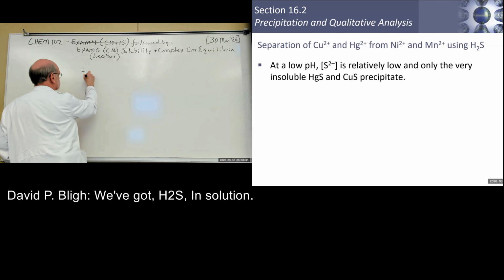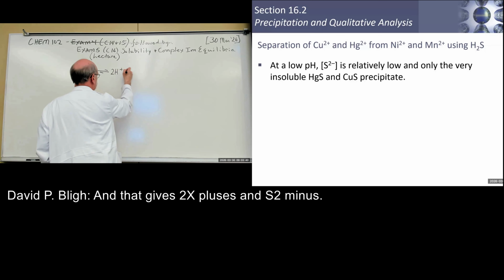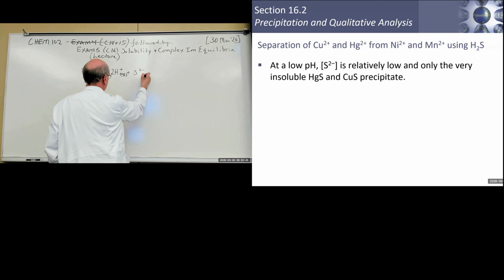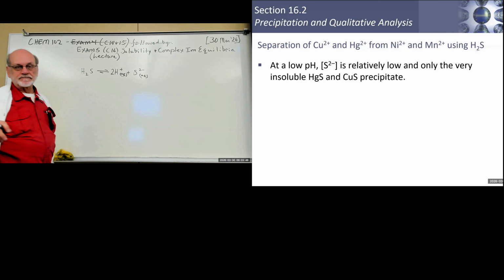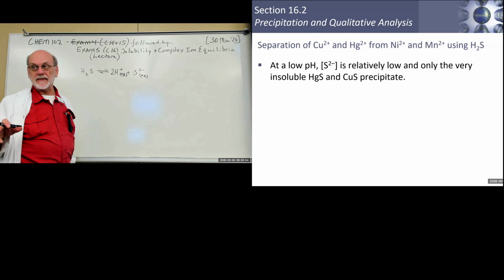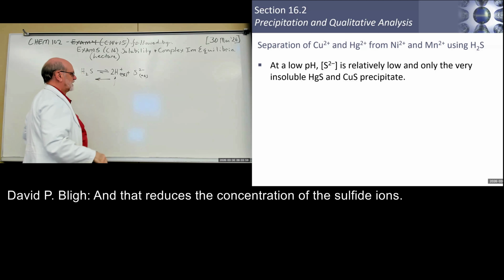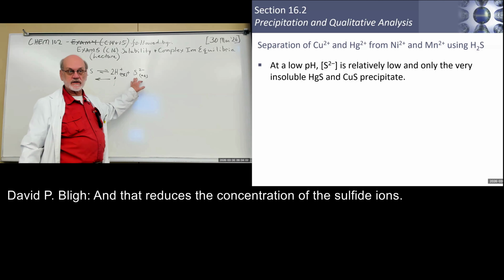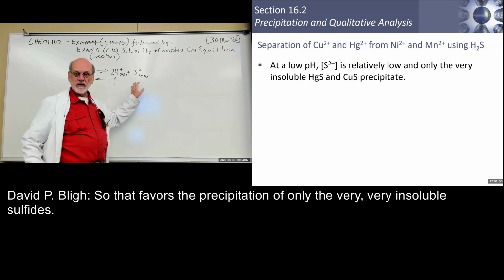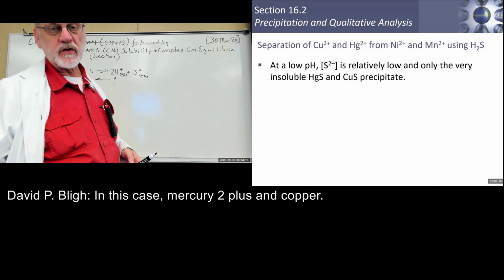We've got H2S in solution, and that gives two H pluses and S2 minus in solution. If we make this solution very acidic, we add hydrogen ion somehow, then we're going to shift it back this way. And that reduces the concentration of the sulfide ions. So that favors the precipitation of only the very, very insoluble sulfides. In this case, mercury 2 plus and copper.